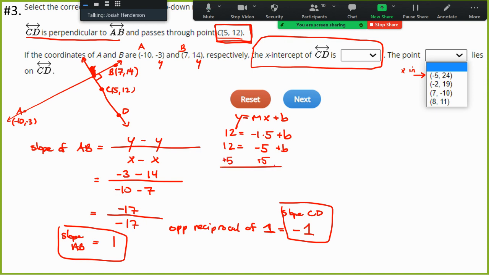Not too bad. Whole numbers are good. And we get 17. Weird. Lots of 17s here. Okay, so it looks like the y-intercept b for CD is 17. So now finally we can write the equation, the function for CD, the line equation. So CD is y equals negative x plus 17.